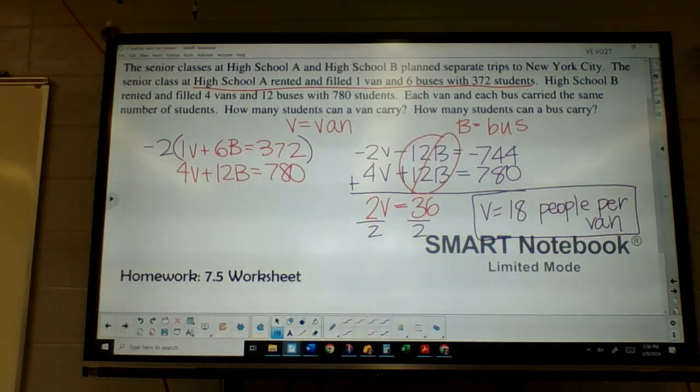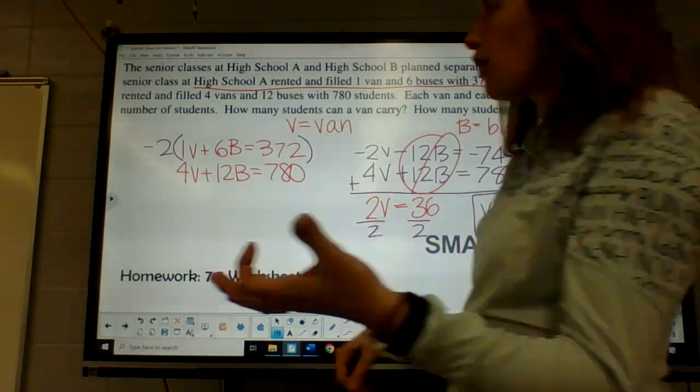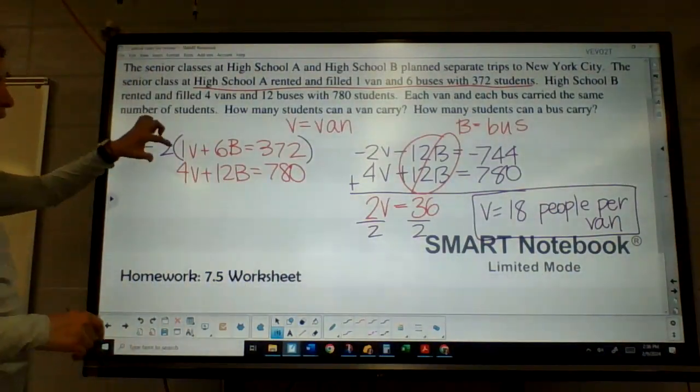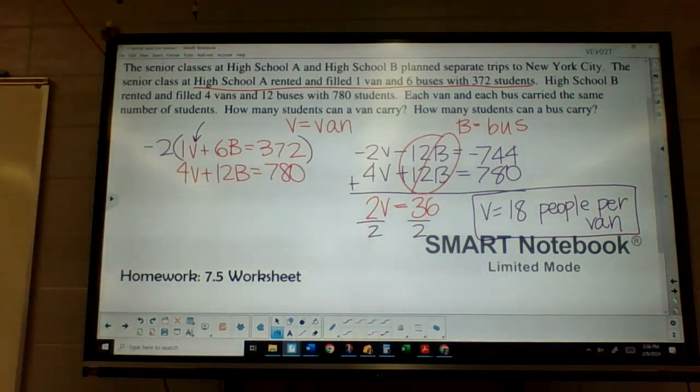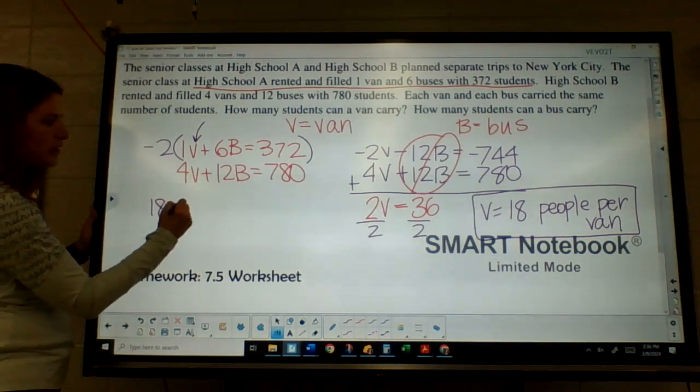Now that I know the number of people on a van, then I have to take that and figure that out for our bus. And so I'm going to put the 18 back into that top equation because the numbers are a little smaller and easier to work with.